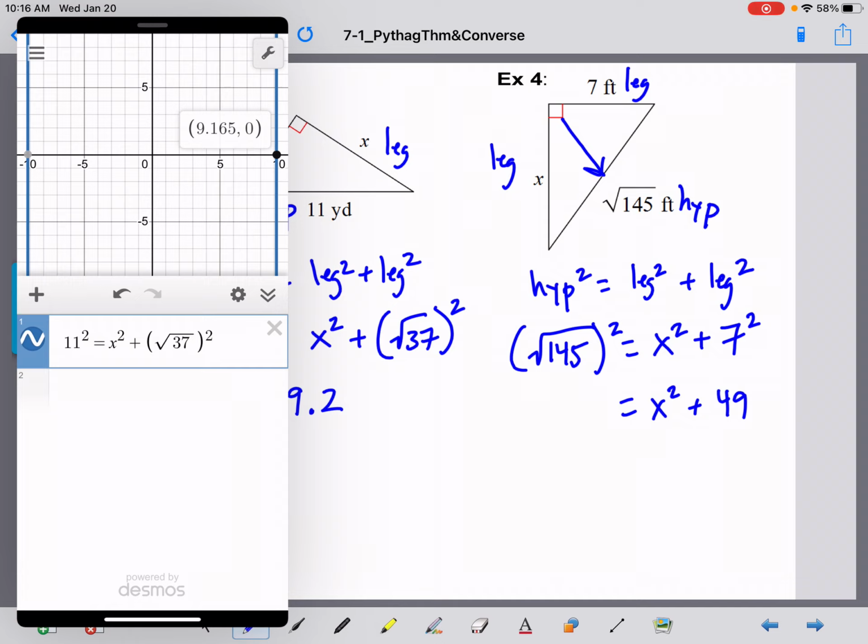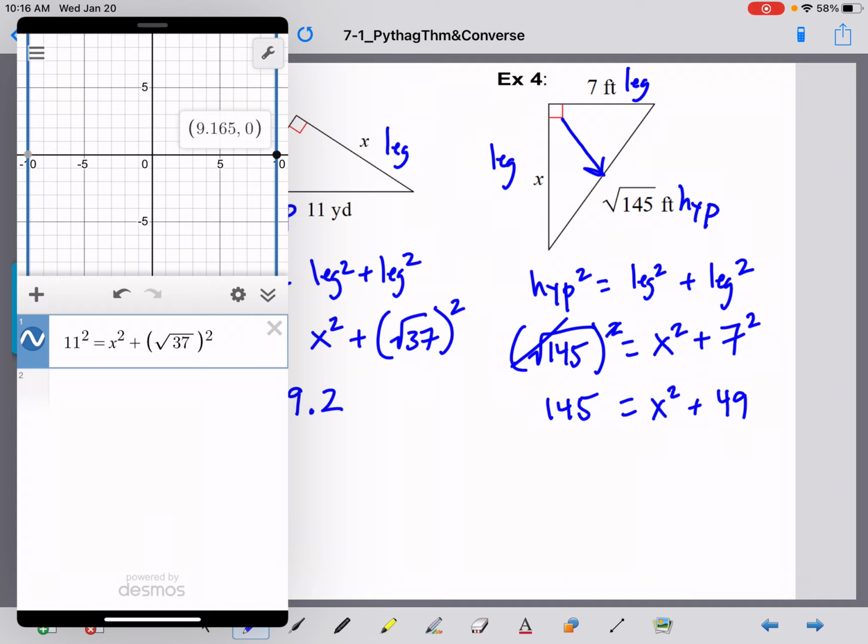All right, 145 is inside the radical. And I don't know if you remember from Algebra 1, but when you have that radical, that square root symbol, and you have this square on the outside, these two things pretty much cancel each other, and what you're left with is 145.